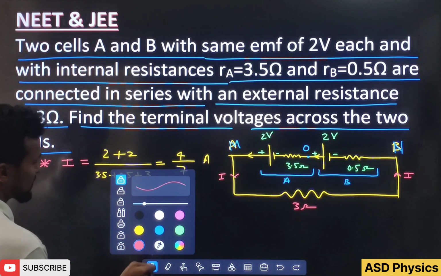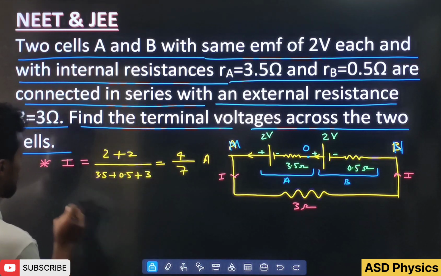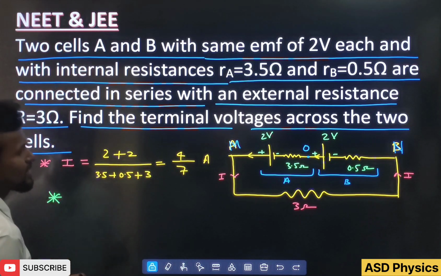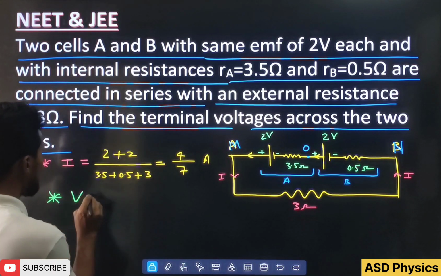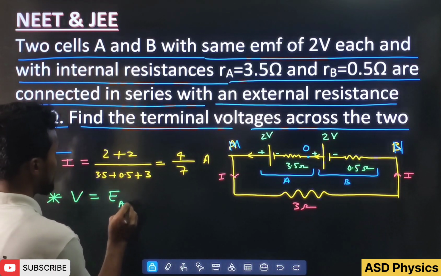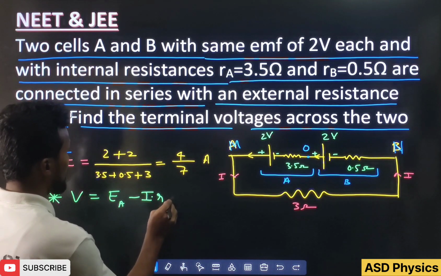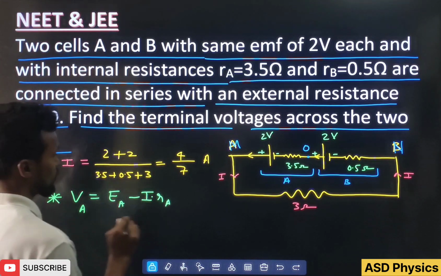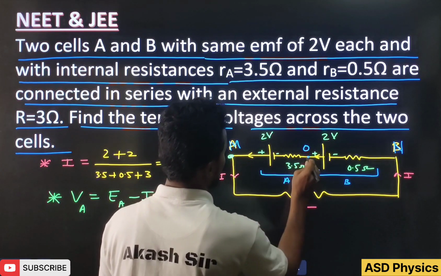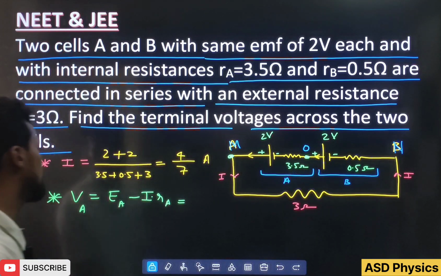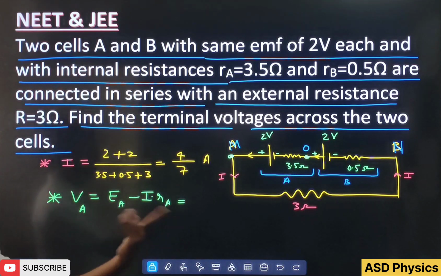Now, what will happen here? This is the discharging situation. They are asking the potential difference, the terminal potential difference across cell A. In the discharging situation, V equals E minus Ir. So EA minus I RA is your terminal potential difference across A. I am writing it as VA, even you can write VM minus VO, no problem.